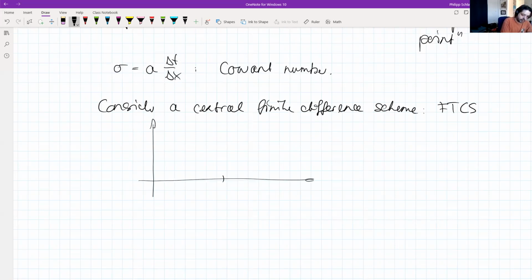If I try to plot that, we have x_j, x_j plus 1, x_j minus 1. This here would be time t_n, and here t_n plus 1.